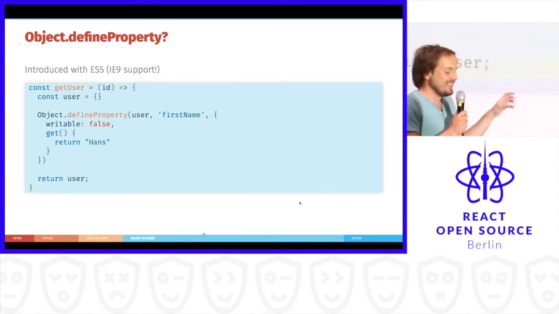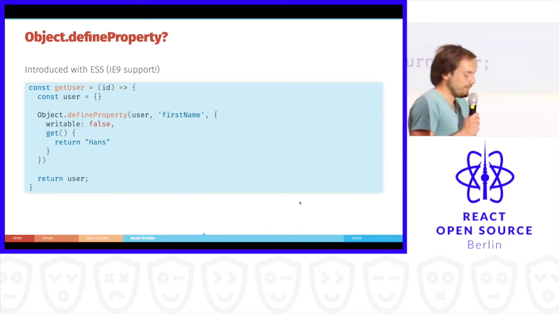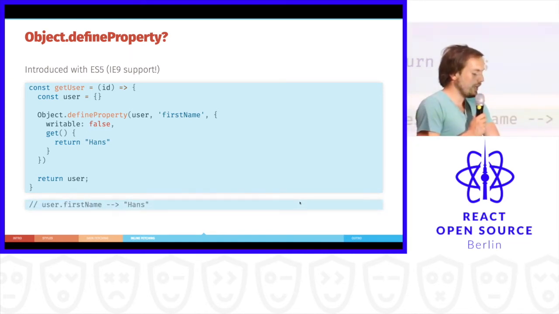In our case, we define the property firstName on our user. We tell it it's not writable, it's read-only, and we can define a getter, which means you have a function where you can do whatever you want in order to return a value. So if we now call user.firstName, the return value is Hans, because that's what we told our getter to do.